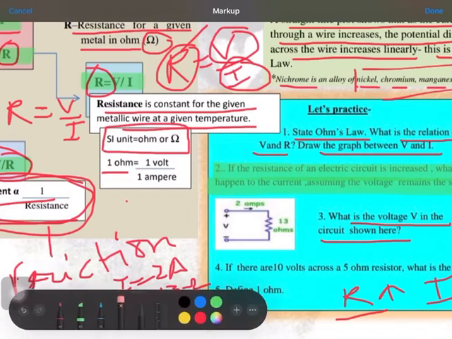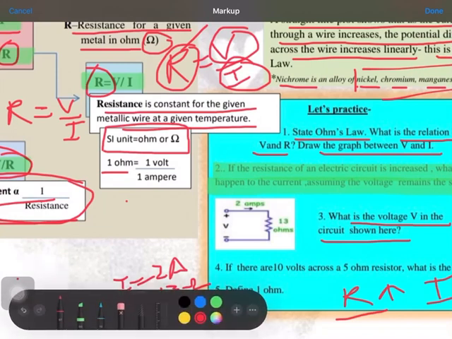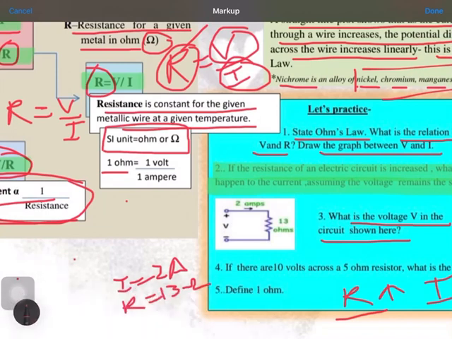What will be the value of V? You have to find V is equal to IR. It's simple. So I is 2 and R is 13, so it's 26 volt you have to write.